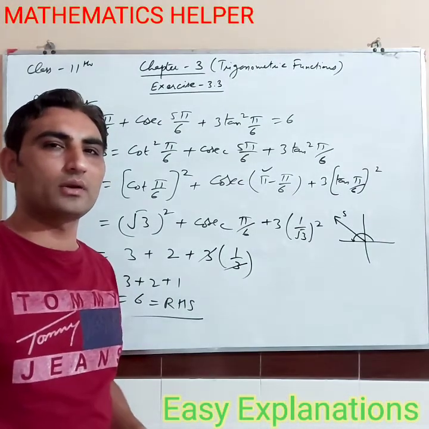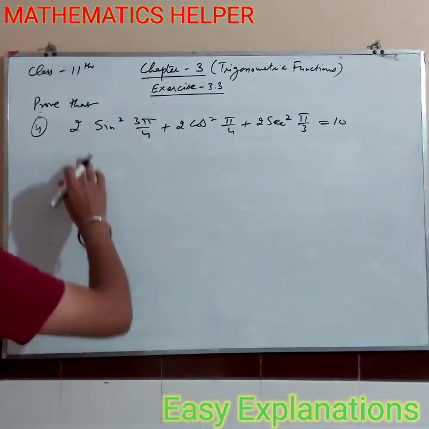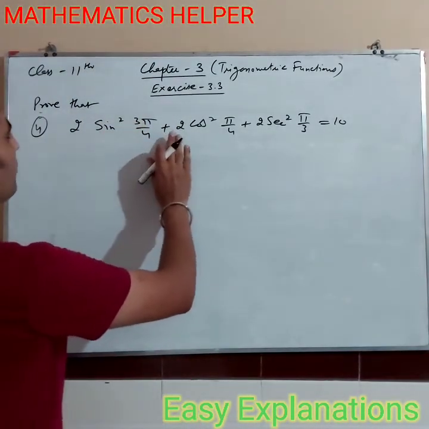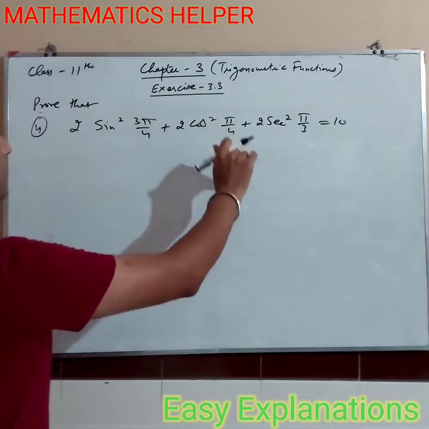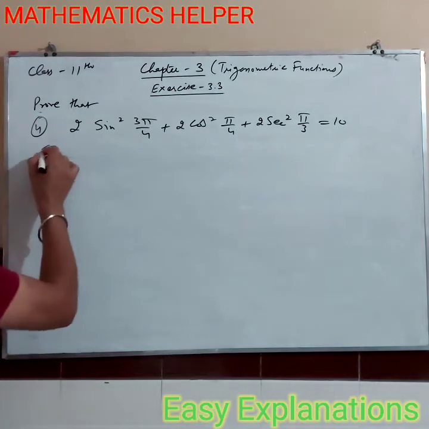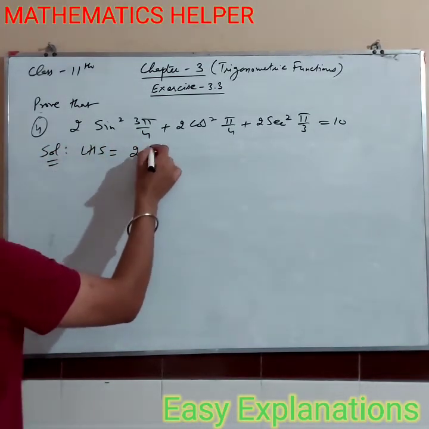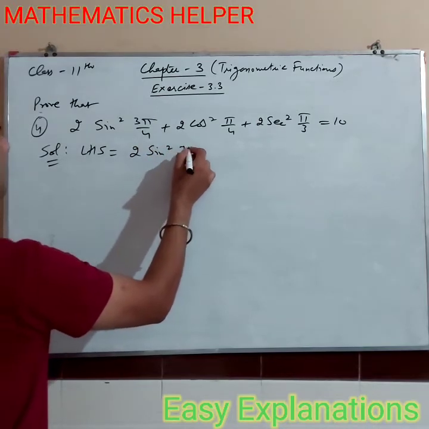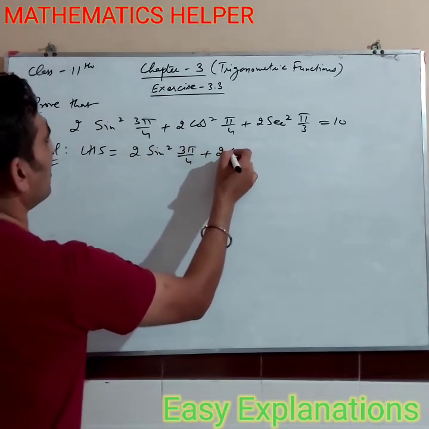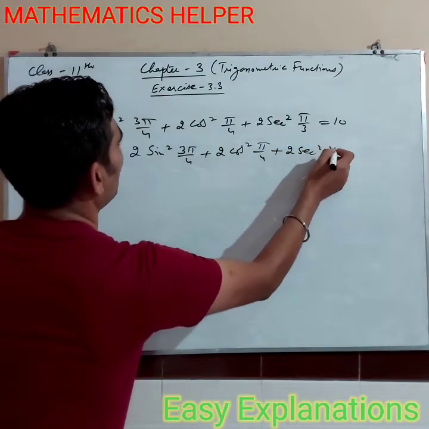See, next one is given in question number 4. So in question number 4, we have 2 sine square 3 pi over 4 plus 2 cos square pi over 4 plus 2 secant square pi over 3 equal to 10. In the same way, start from the left side by marking left hand side, which is 2 sine square 3 pi upon 4 plus 2 cos square pi over 4 plus 2 secant square pi over 3.